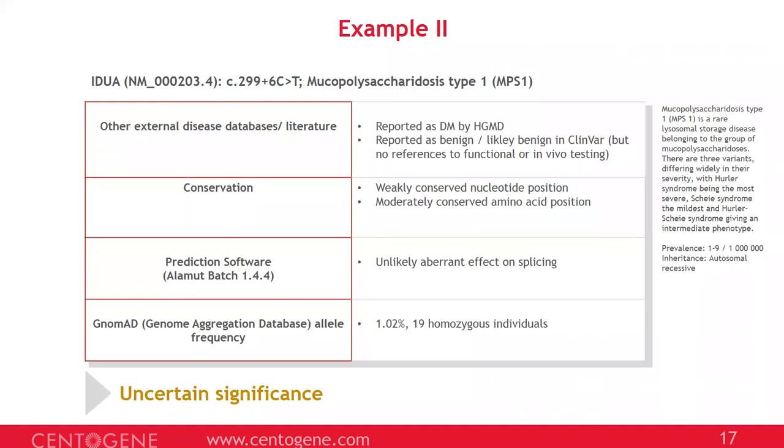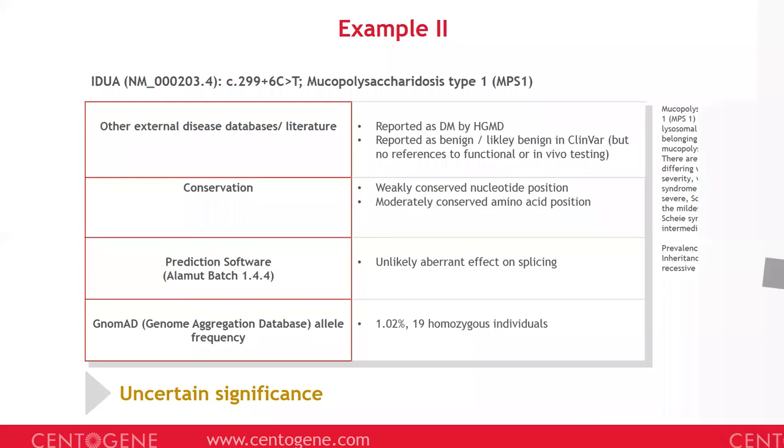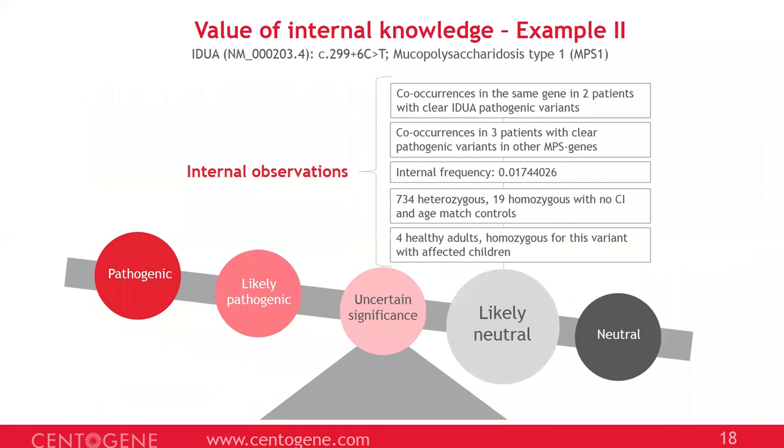Anyway, in the meanwhile, we of course continued to screen IDUA patients, and really interesting, we had 5 patients, in all 5 patients with clear indication that MPS is the suspected disorder.